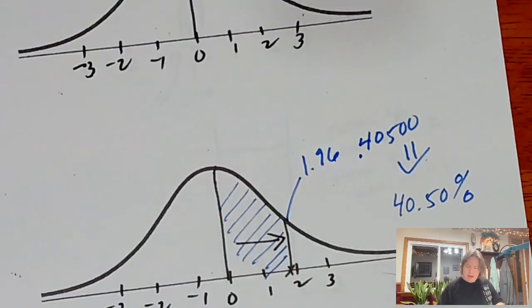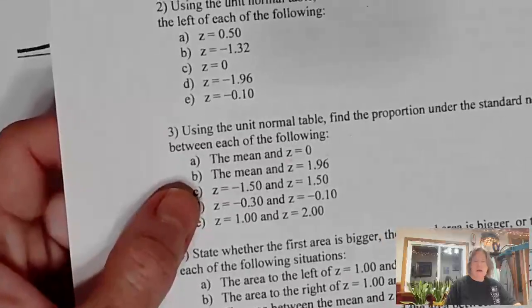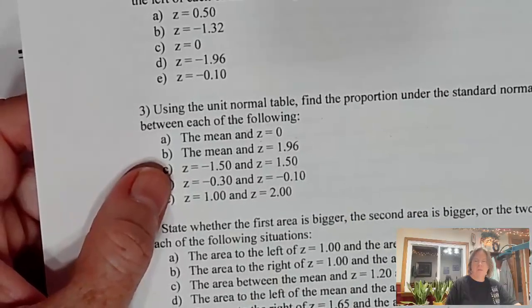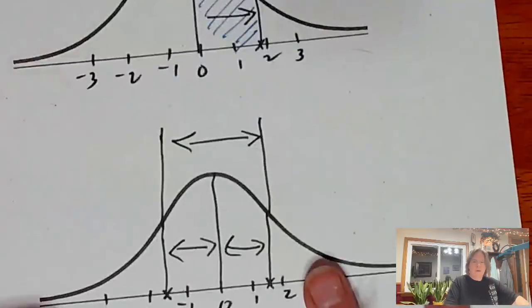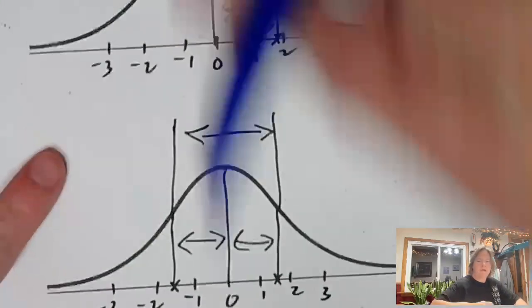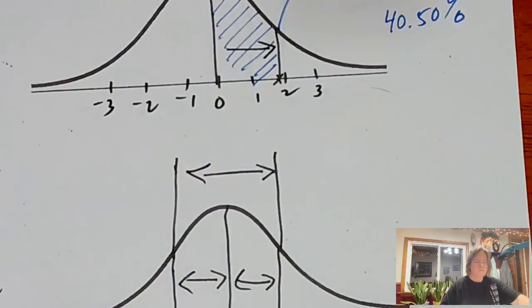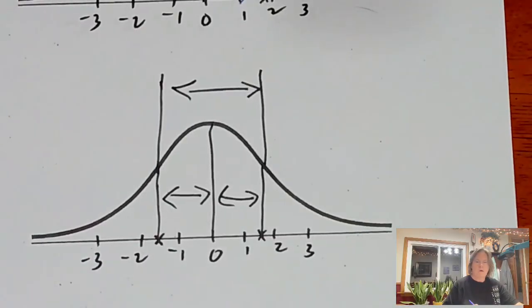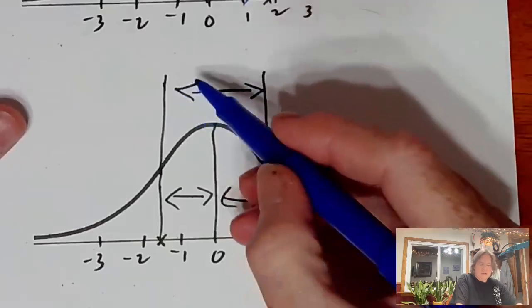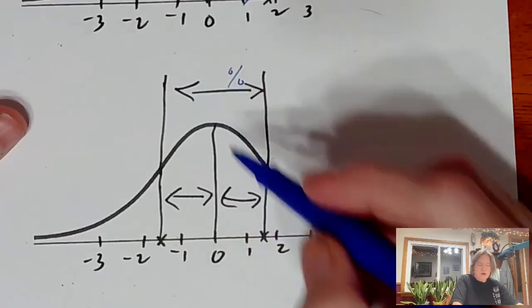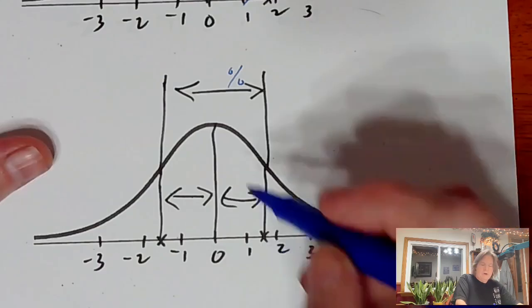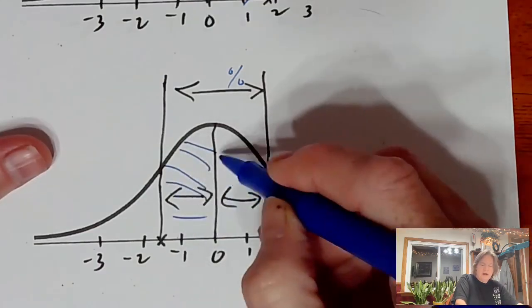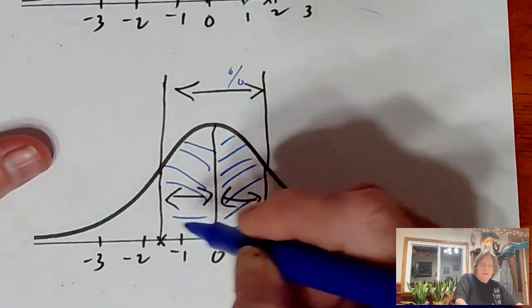And then the next one asks us between the z of negative 1.5 and positive 1.5. On this one, what we're looking for is this area. You're going to find this percentage between the mean and negative 1.5, and the mean and positive 1.5. The area is going to be the same. You just have to keep straight which is which, because you have to add them.